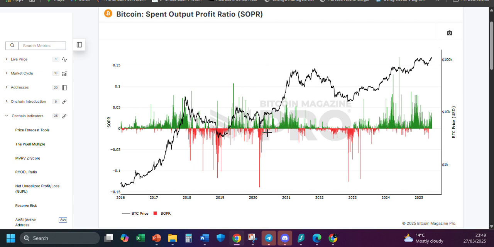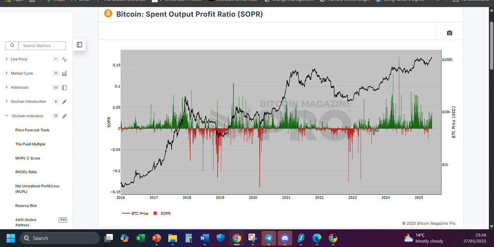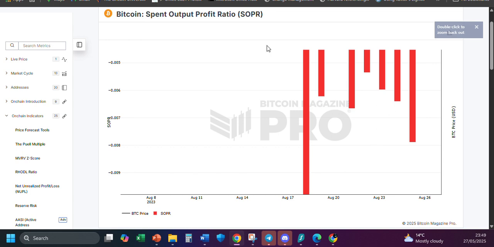If profits are being realised, the SOPR will be green, and as you can see, plenty of green candles there where we're looking at historically the previous bull markets. But it's a good indicator of when you're in a bull market, when you're coming out of a bull market, when the bears are taking control, and then potentially when the bears are losing control and you're heading back towards the bulls and the green candles again.